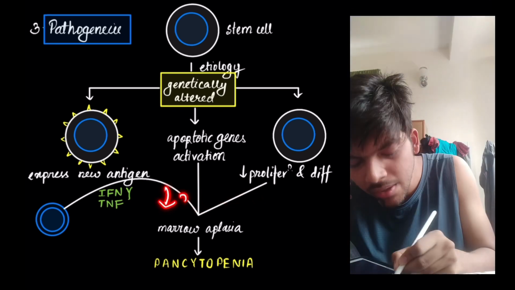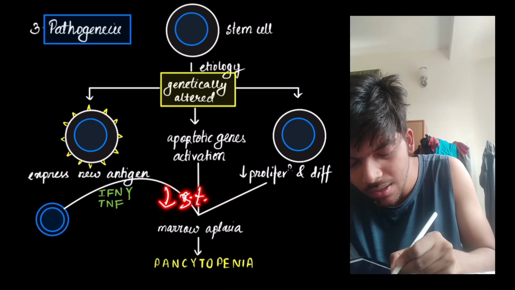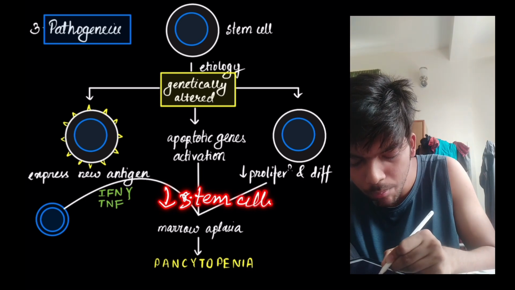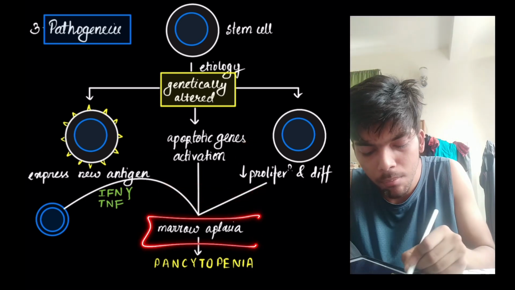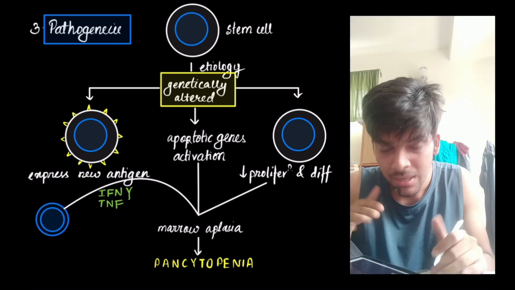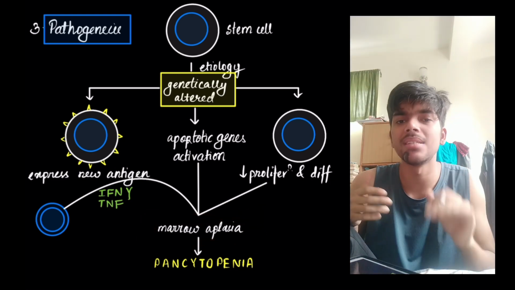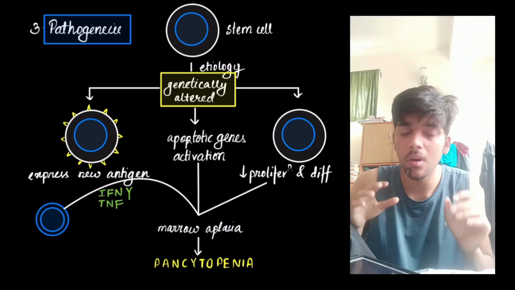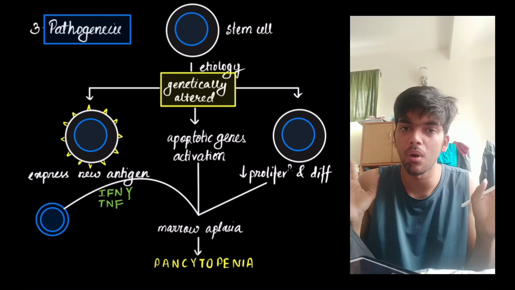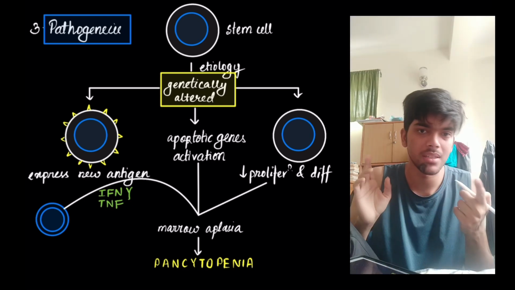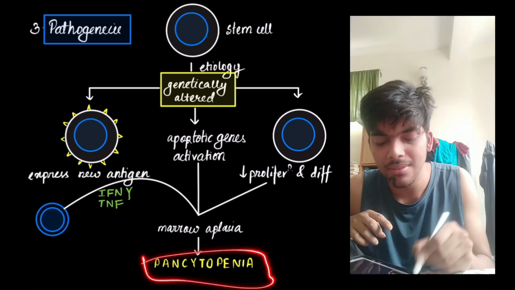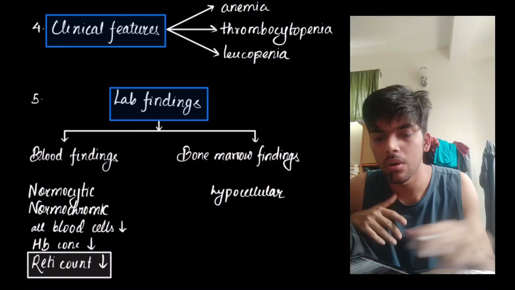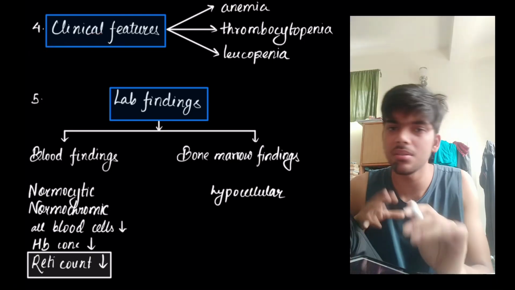Due to reduction in the number of stem cells due to these various reasons, bone marrow aplasia occurs. Since there is reduction in number of stem cells, there is reduction in number of all sorts of mature blood cells, like red blood cell decreases, white blood cells decreases, platelets decreases, and this leads to pancytopenia.